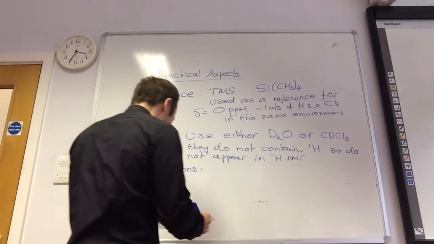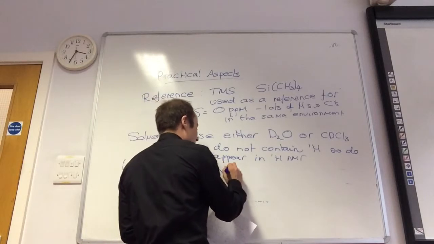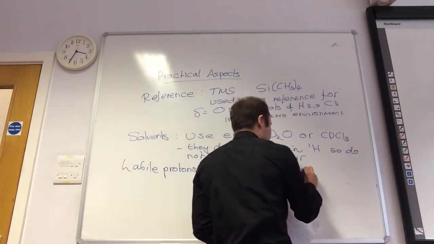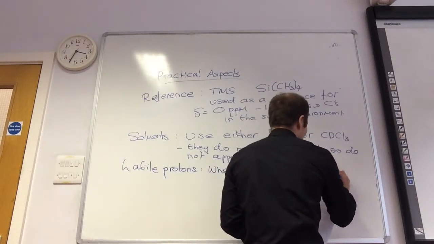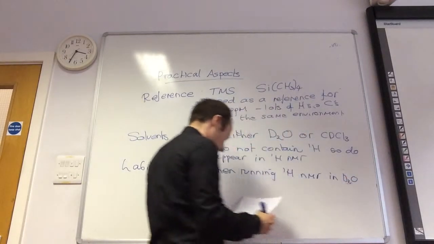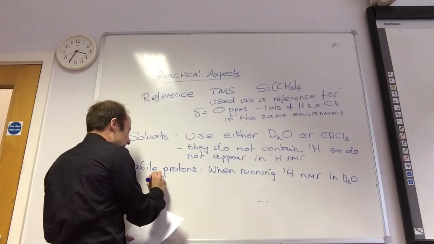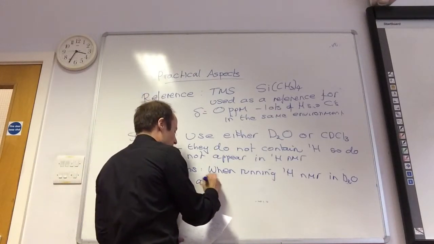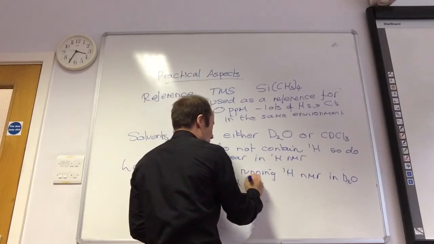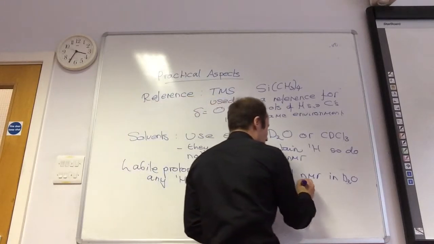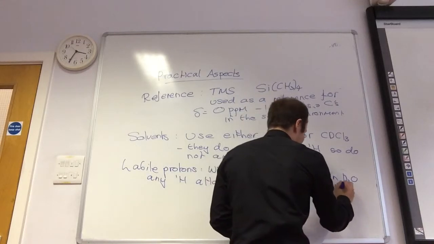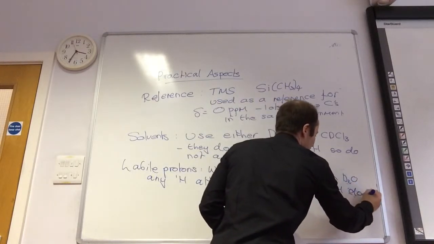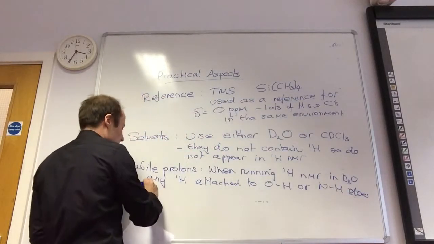Labile protons, when running hydrogen NMR in D2O: any proton, so any H attached to OH or NH, does not give a signal.